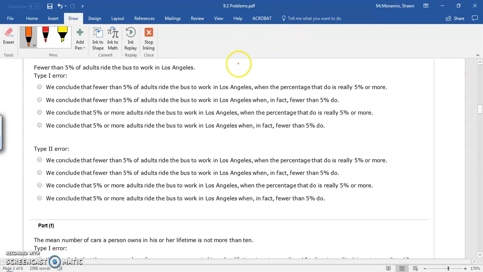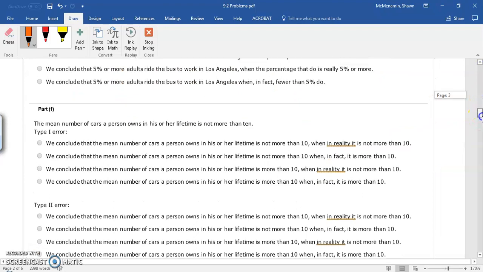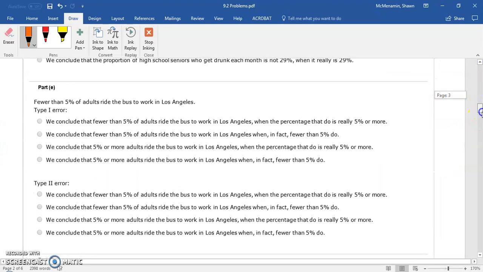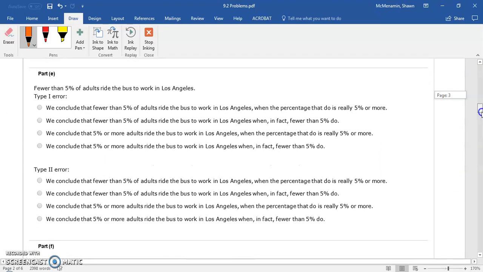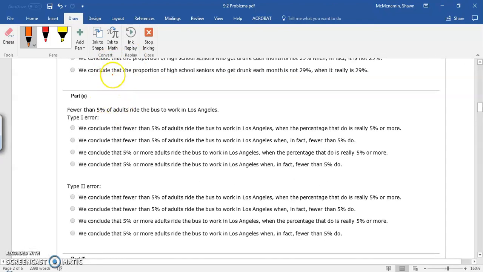Okay, fewer than 5%. So P is less than 5%. So for this one, P is less than 0.05, so the opposing view would be greater than or equal to 0.05. This is your null, this is your alternative.